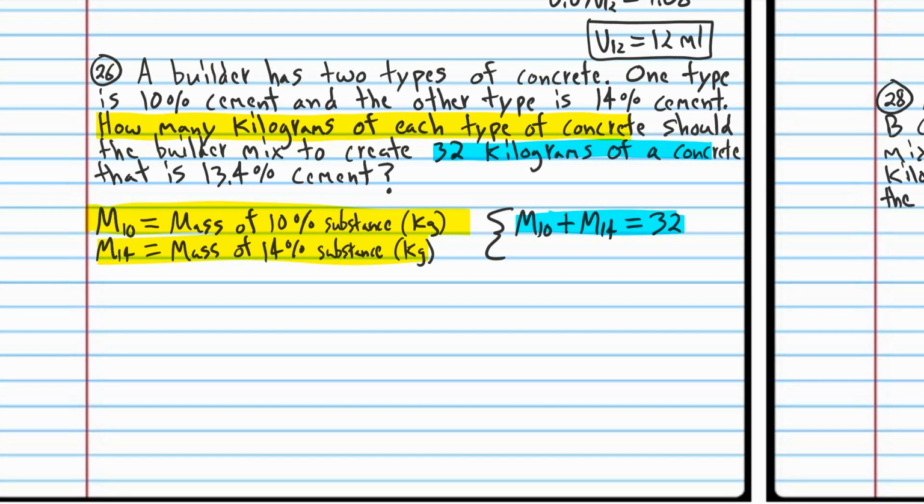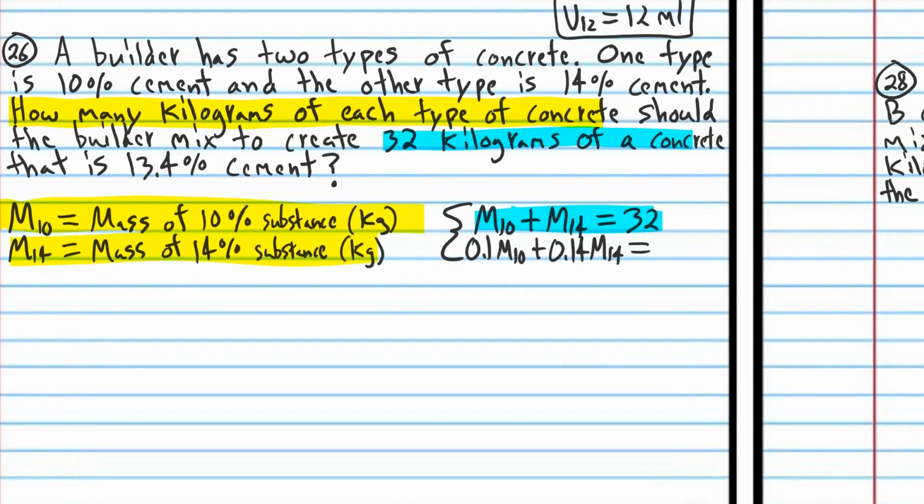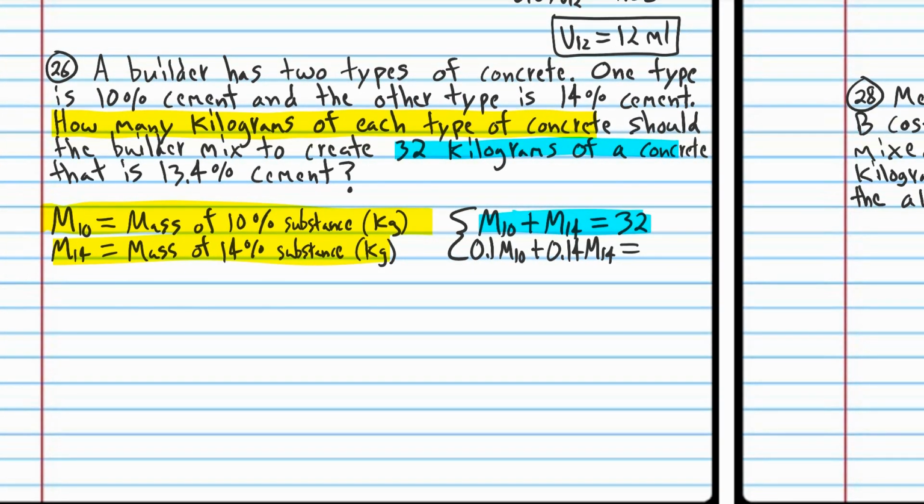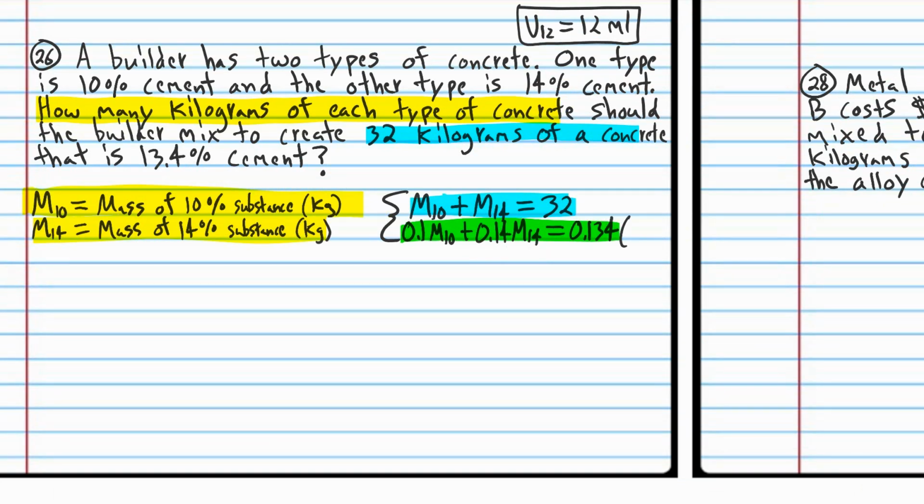All right, so here comes the hard part. We're going to take 10% of the 10% cement substance, and so that's all the cement in the 10% concrete, and then we're going to add all the cement in the 14% concrete, and that's going to equal the total amount of cement in the final substance, which is 0.134 times 32, because that's the total mass in the final mixture.